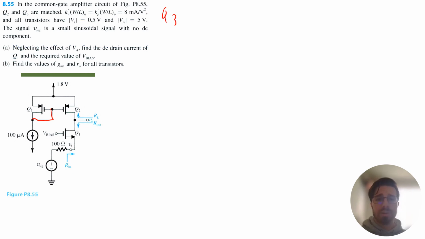So Q3 and Q2 create a current mirror, where because we are shorting the gate of Q2 to the drain of Q3, which has the current source, we know that the drain current at Q2 is equal to the drain current at Q3.